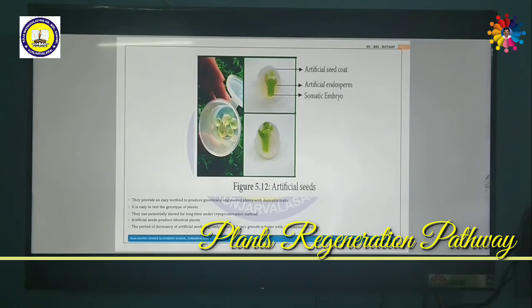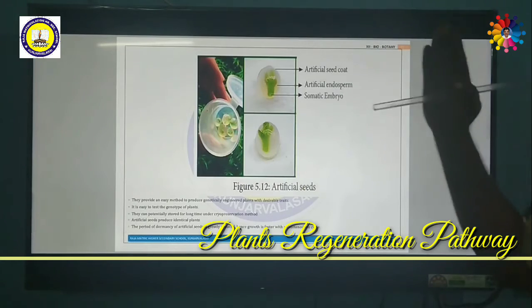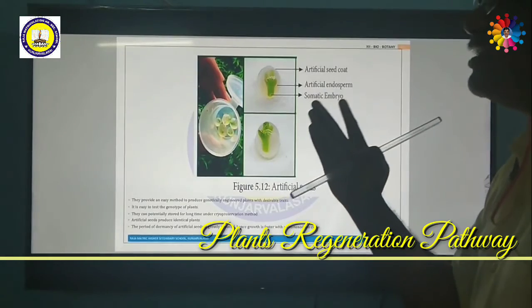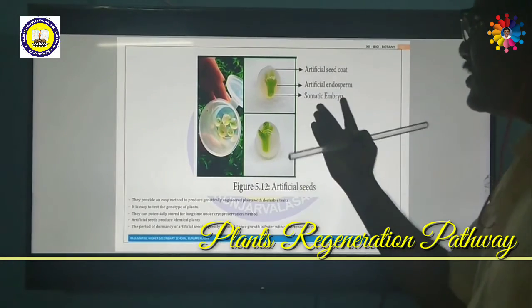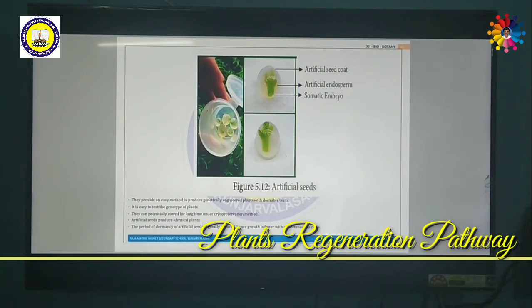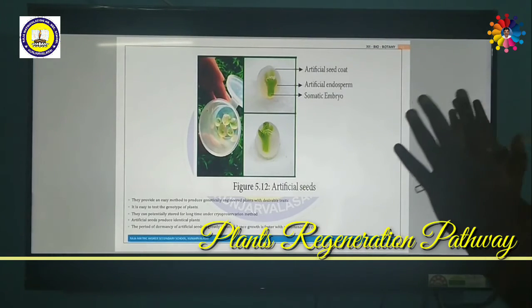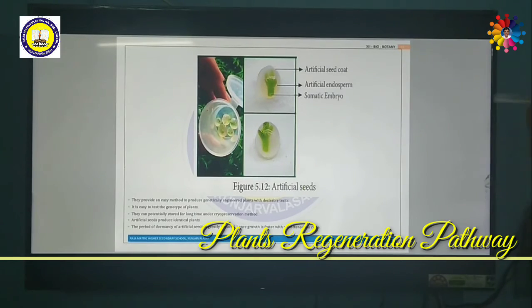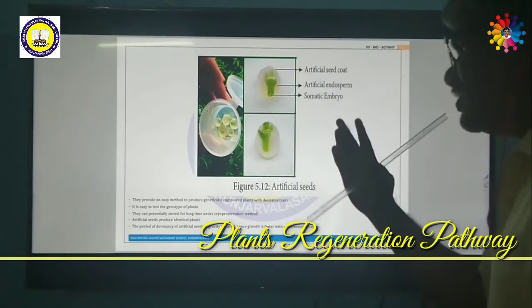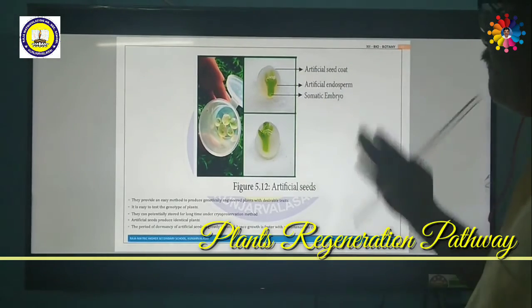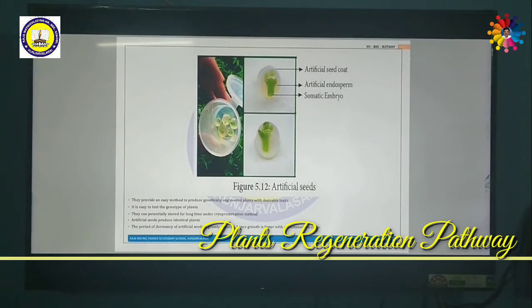Cryopreservation is a specialized technique in which we can preserve certain plant material like seeds, pollen grains, plant tissues or artificial seed at low temperatures such as minus 196 degrees Celsius in liquid nitrogen. That is called cryopreservation. In cryopreservation, if we keep this artificial seed, we can preserve it for a very, very long time.